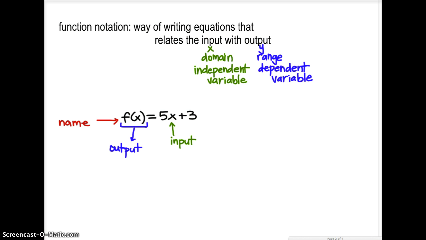This is read out loud as f of x. That means our function f here is 5x plus 3. So that function f evaluated at x, f of x equals 5x plus 3. That's how we would read this out loud.